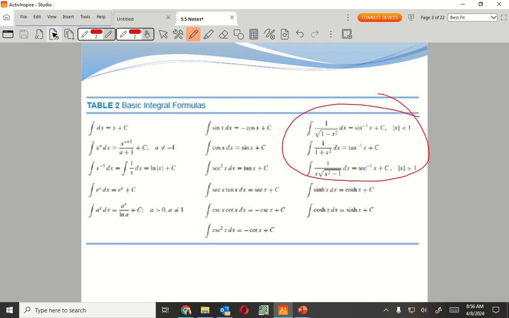Some of the derivatives: the derivative of cotangent would be negative cosecant squared. If you look at it, the derivative turns into the integral, and back and forth.